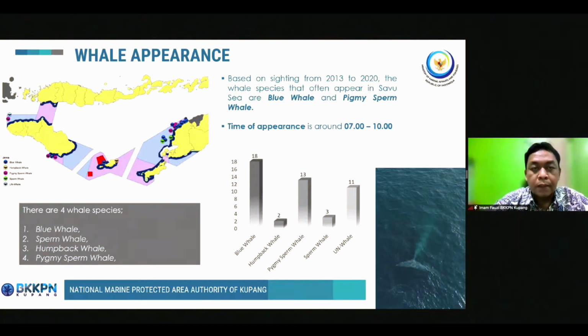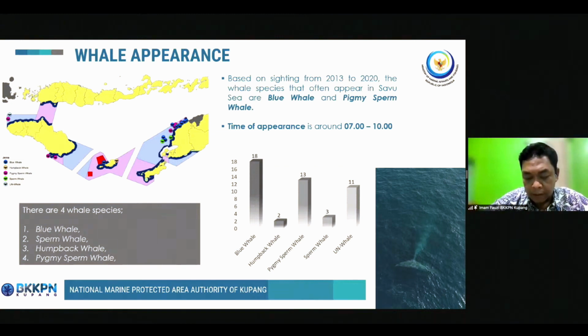The sightings of the whales in 2017, as we pay attention, the blue is for blue whales, green, there's purple. Those are the sightings that we have recorded from 2013 to 2020. The most whales we've seen are blue whales and pygmy sperm whales.